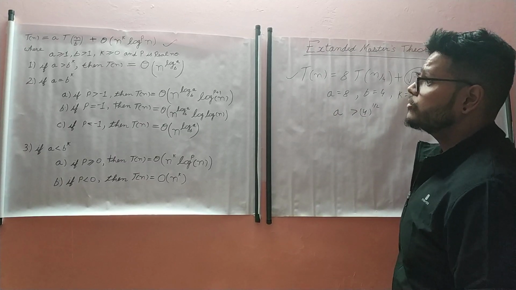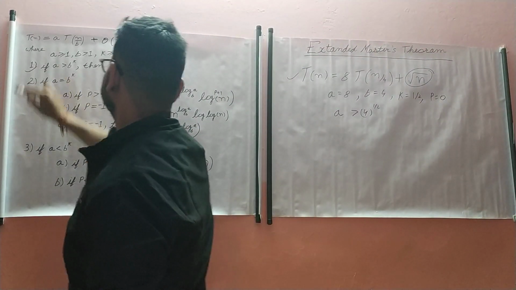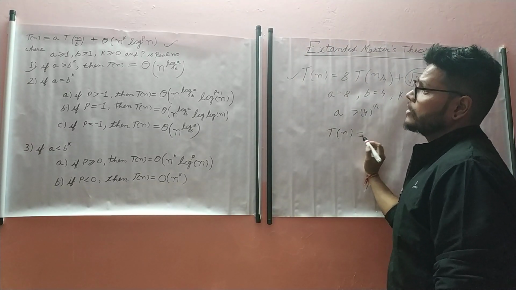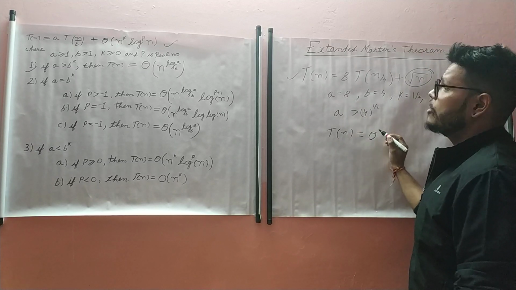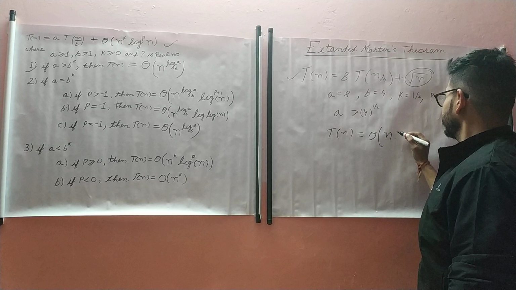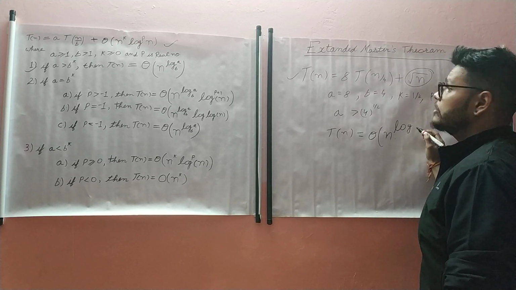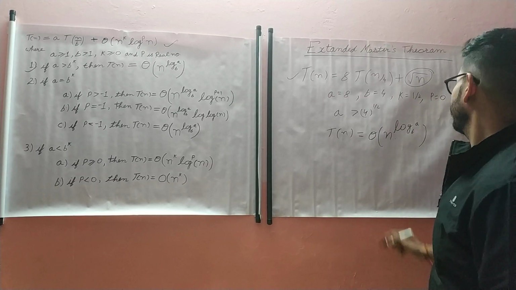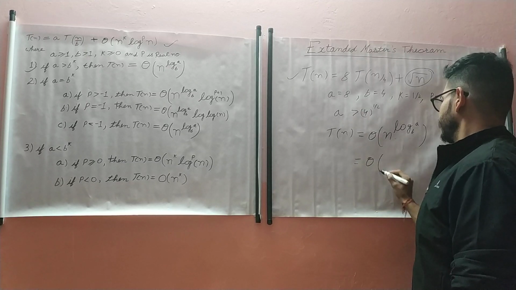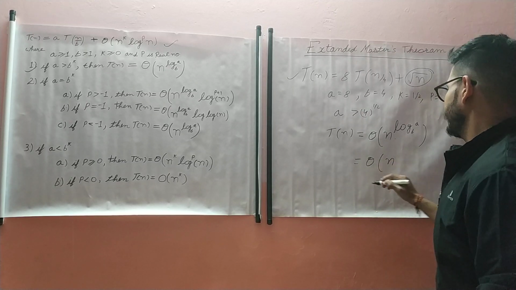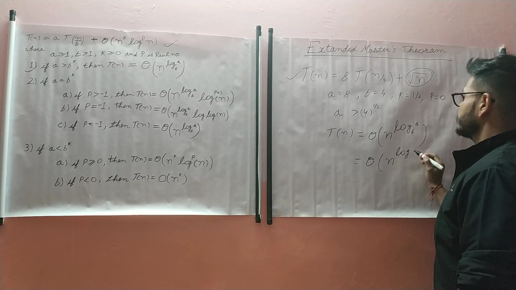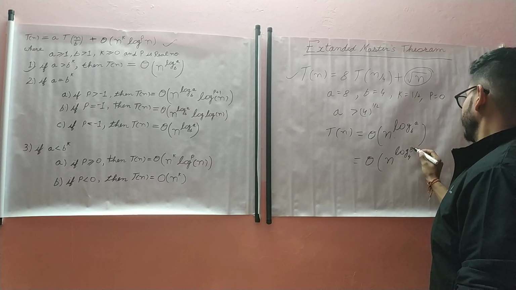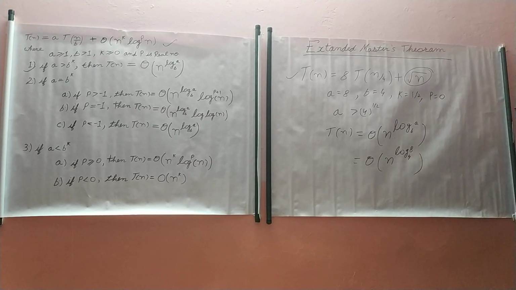So we will look at this case. T(n) = theta of n^(log_b a). Now put the values of b and a. We get T(n) = theta of n^(log_4 8). Okay, this is our value.